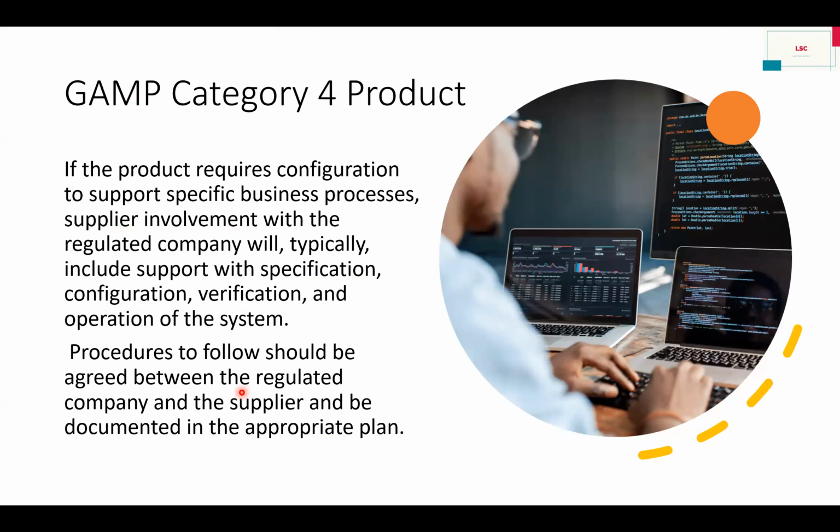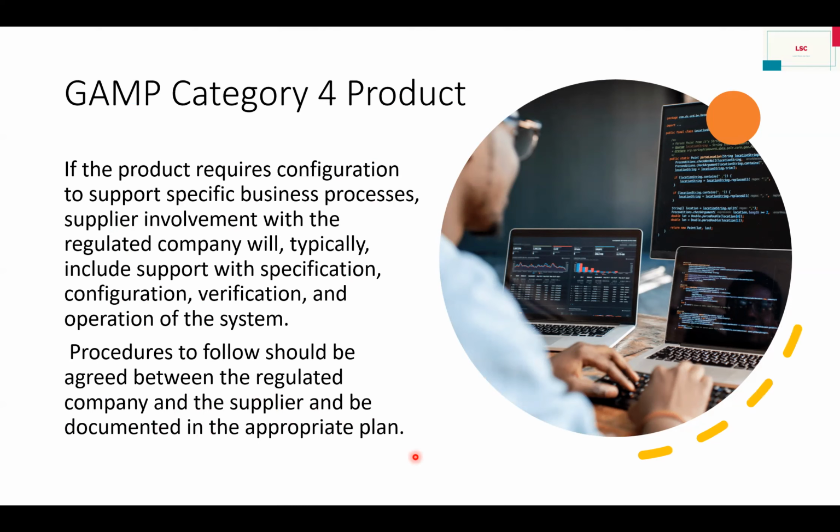Then category 4 product. Yeah, of course. If the product requires configuration to support a specific business process, supplier involvement with the regulated company will typically include support with the specification, configuration, verification, and operation of the system. Procedures to follow should be agreed between the regulated company and the supplier and be documented in the appropriate plan.